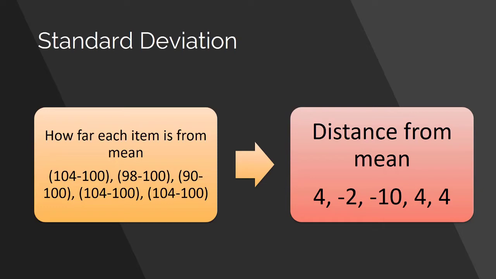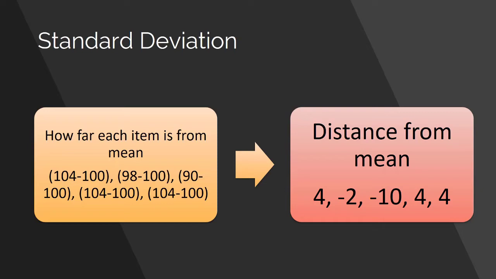If you look at these numbers and find out the average of these distances from the mean, probably this is the sort of thing we want to do when we calculate the dispersion, the spread, that is, how much each of these numbers is away from the mean. So this is the distance from the mean. But if you find out the average of this, it is always going to be 0.